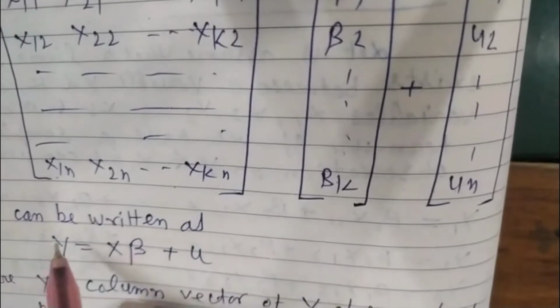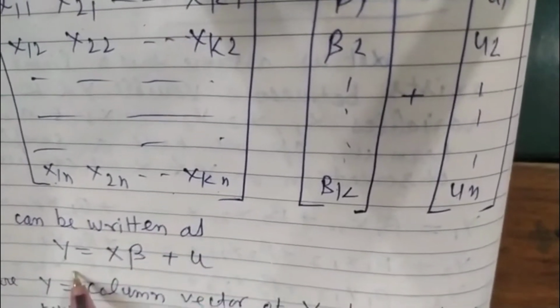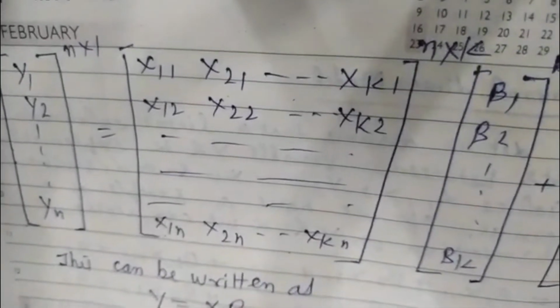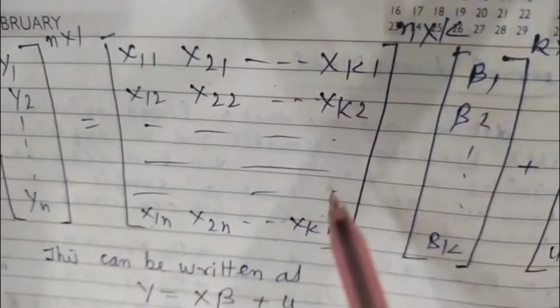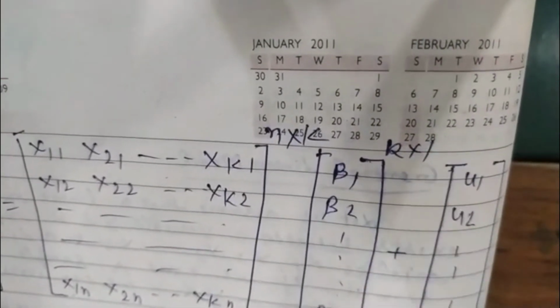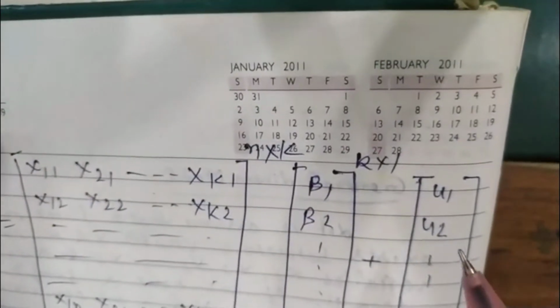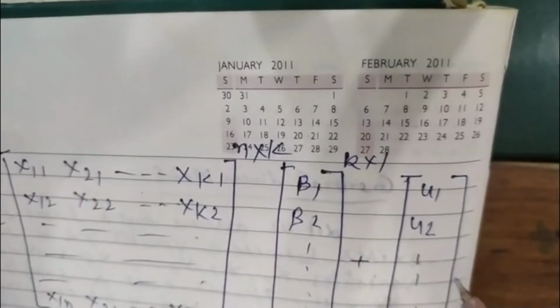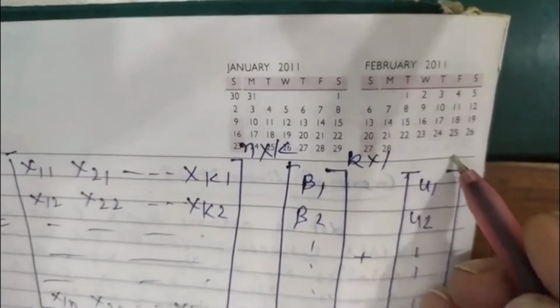This can be written as capital Y is equal to X beta plus u. Y is a matrix of n by 1 form, X a matrix of n by k form, beta a matrix of k by 1, and the error term is also a matrix of n by 1.